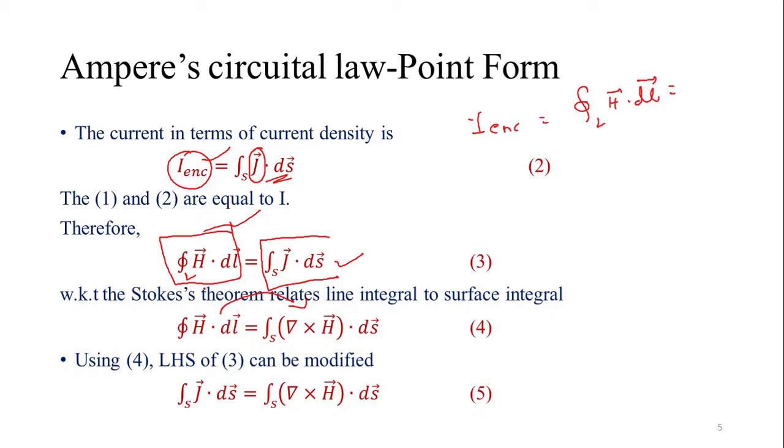Now compare 3 and 4, so that you will have the surface integral of J dot ds equal to the surface integral of del cross H dot ds. Here in this equation you have integral over S, here also a surface integral, here you have ds, here also ds, a dot product.